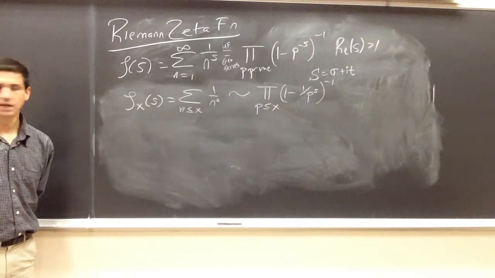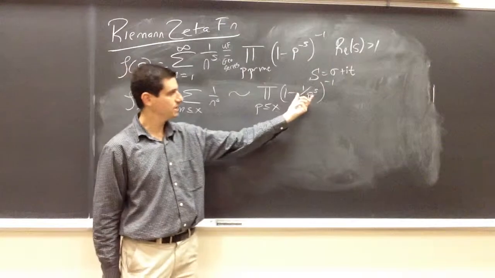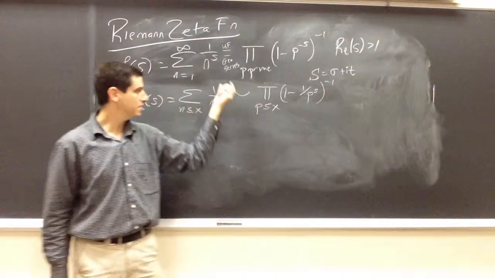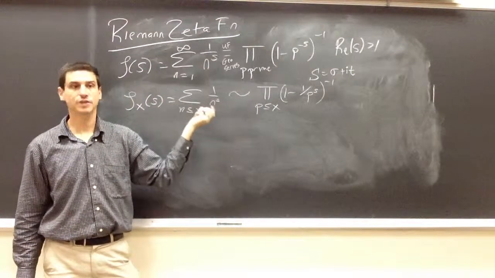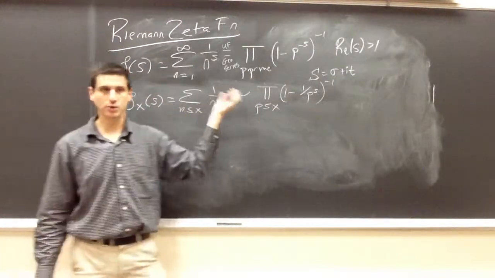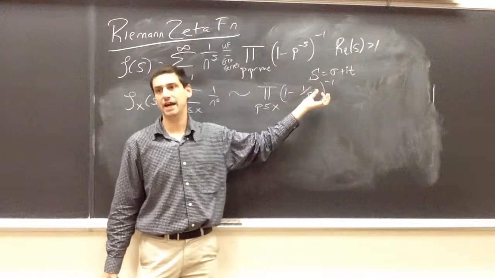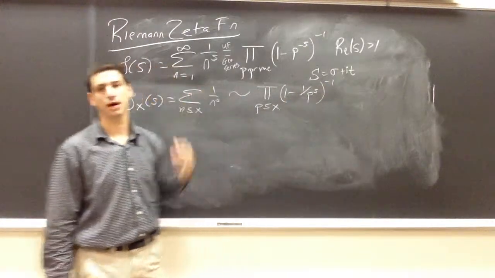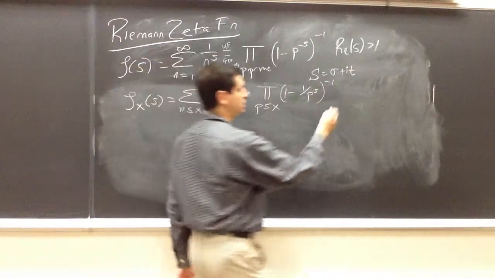When we expand it out, this is going to contain a little bit more than this. Any number that's 1 over n to the s, all of its primes are clearly going to be less than x. When we expand it with the geometric series, we'll easily have them over here. But we'll have extra stuff here as well. That's fine. This will be a lower bound. And let's take s to be a real number.